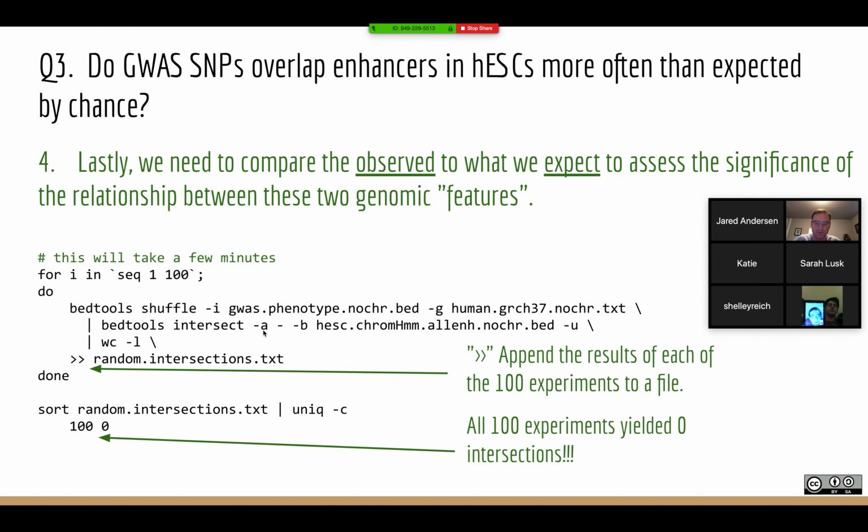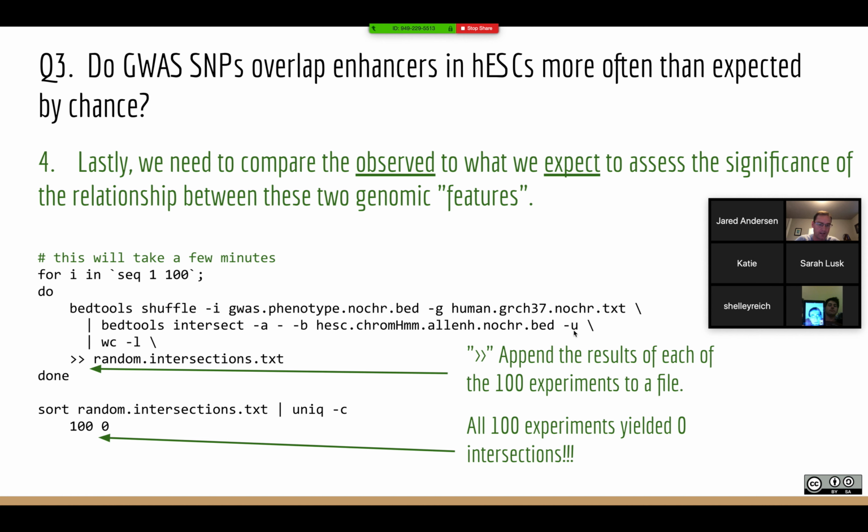So the output of the shuffle command is coming in as input for the A file in this intersection. So we're intersecting the randomized locations of these GWAS SNPs with the static positions of the enhancers, just as shown in the animation in the slide before.